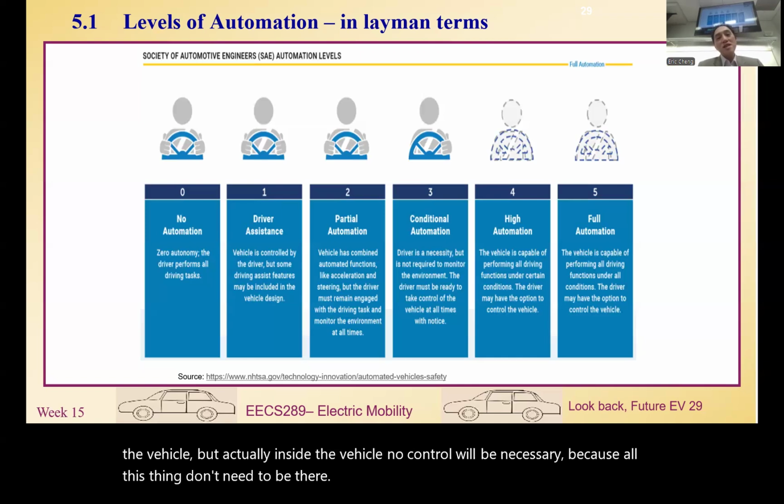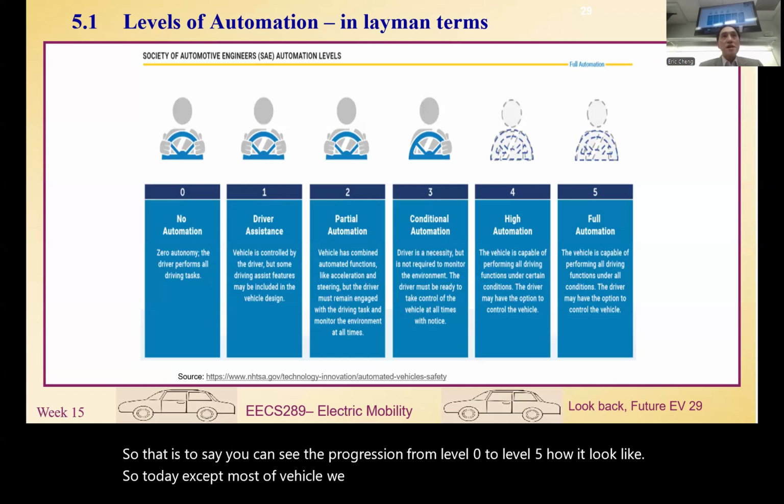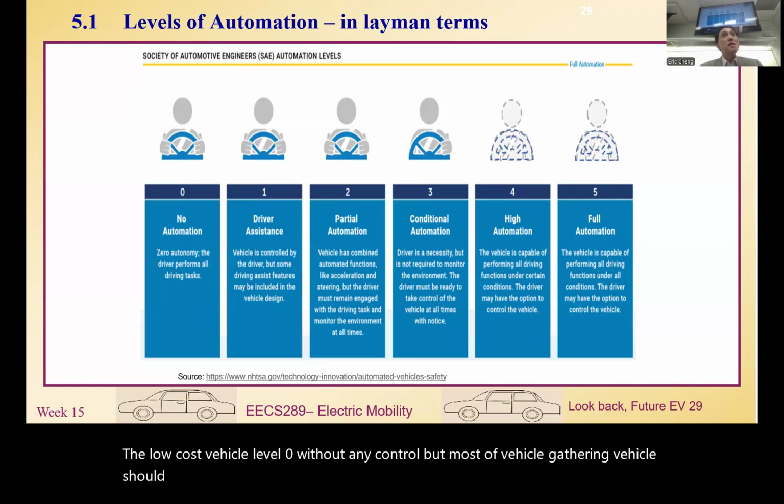So that is to say, you can see the progression from level 0 to level 5, how it looks. Today, as I said, most low-cost vehicles are level 0 without any control. But most gasoline vehicles should be more like level 1.